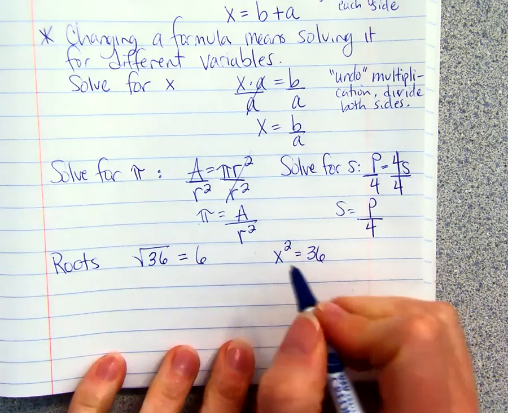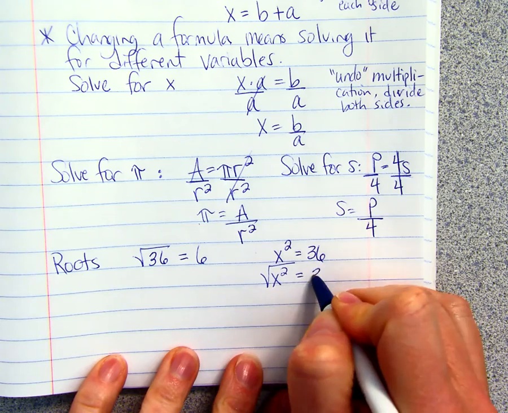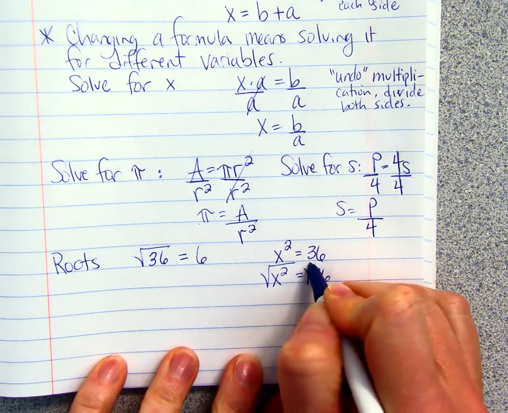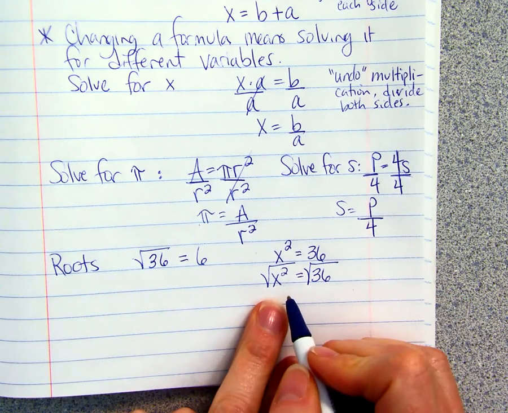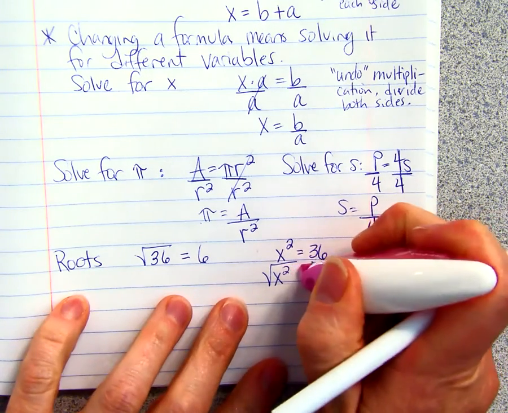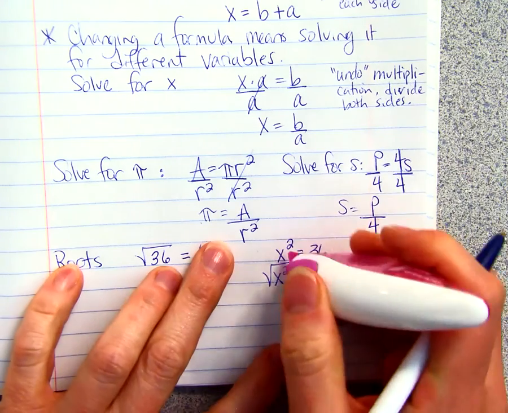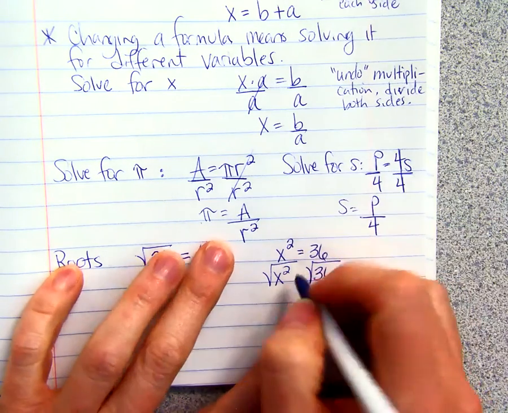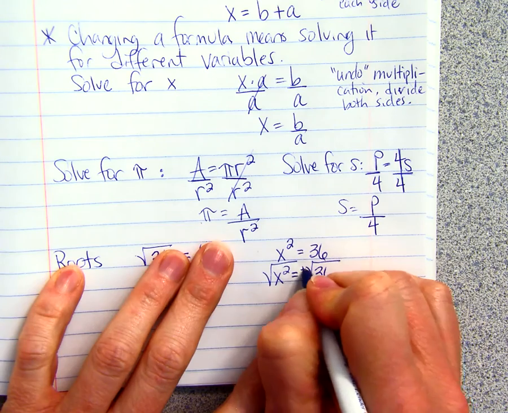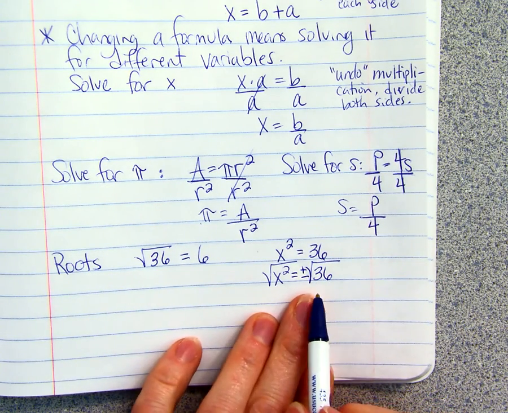It can be, if you take the square root of both sides. So to undo squaring, we take the square root, but we have to take the positive and negative. That's an equal sign. Equals, when you take the square root, it's the positive and negative square root of 36.